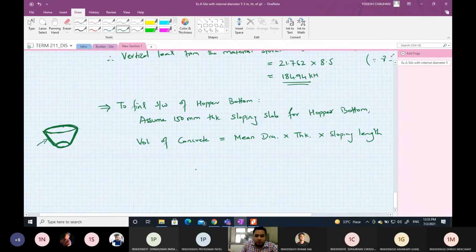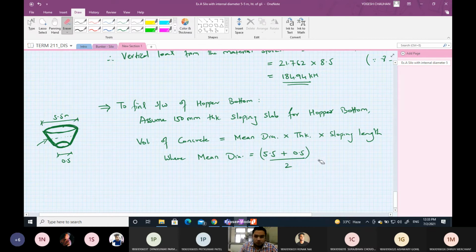So the mean diameter: see here the diameter is 5.5 meter, the diameter here is 0.5 meter. So the mean diameter will be equal to 5.5 plus 0.5 by 2.